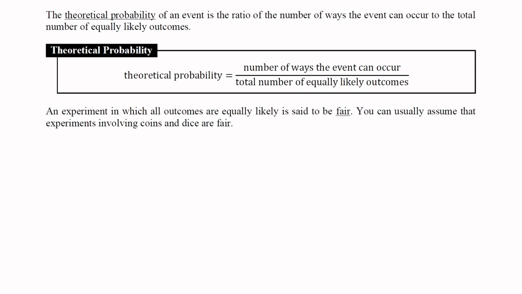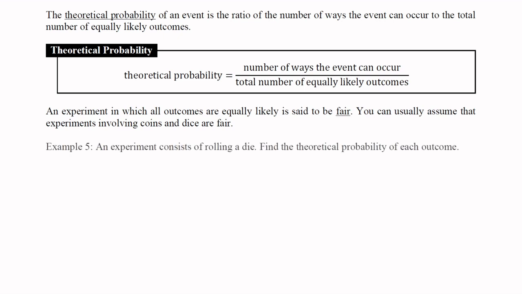So, for example, if all the sections of the spinner are the same size, then it is a fair experiment because all 4 of the spinner colors have the same size, and so they can all happen in equal chances. You can usually assume that experiments involving coins and dice are fair.